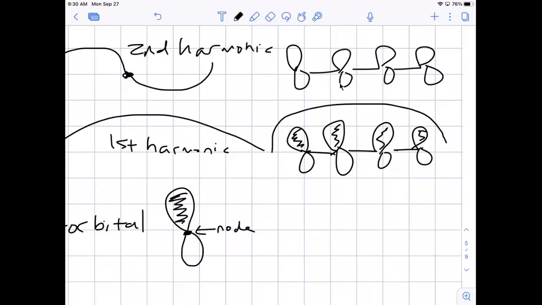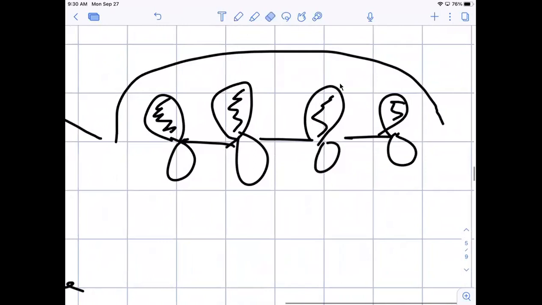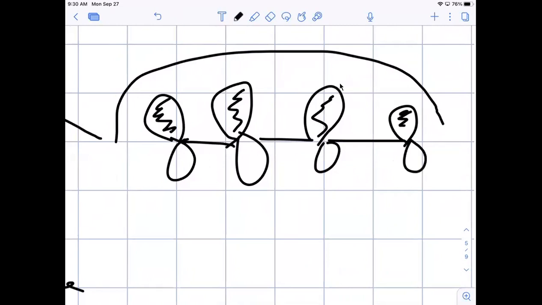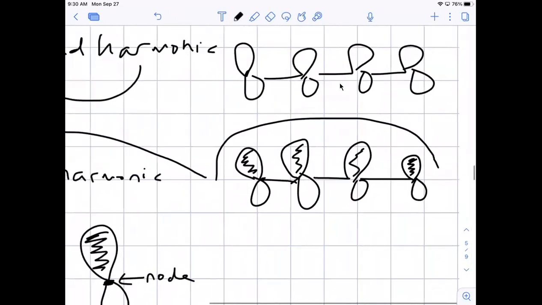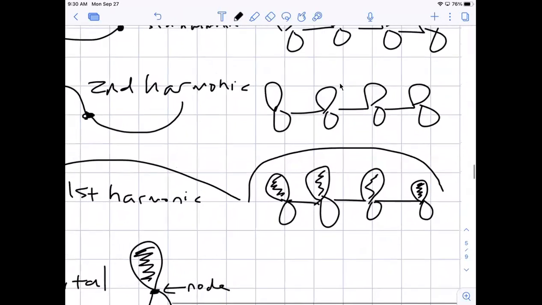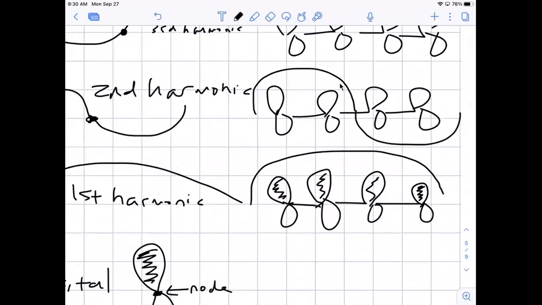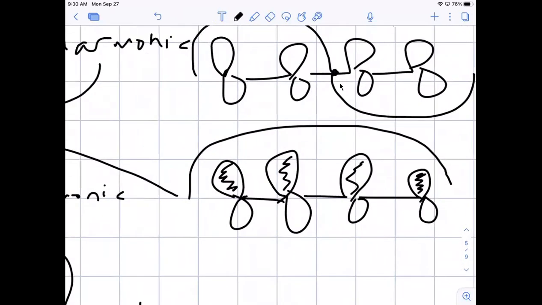All right. Yes, no, maybe. Yes. All right. What about when the wave passes through 0 one time in the second harmonic? What do you think?